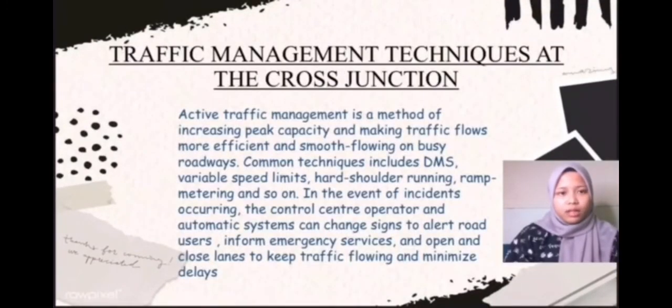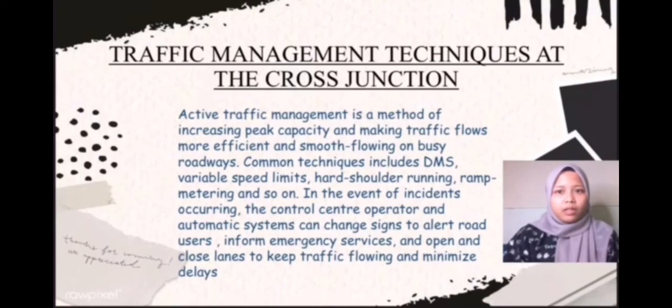Next conclusion and recommendation is traffic management techniques at the cross junction. Active traffic management is a method of increasing peak capacity and making traffic flow more efficient and smooth flowing on busy roadways. Common techniques include DMS, variable speed limit, hard shoulder running, ramp metering, and so on.